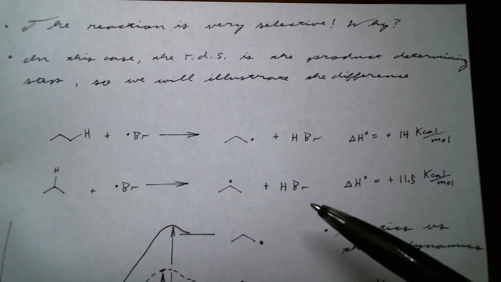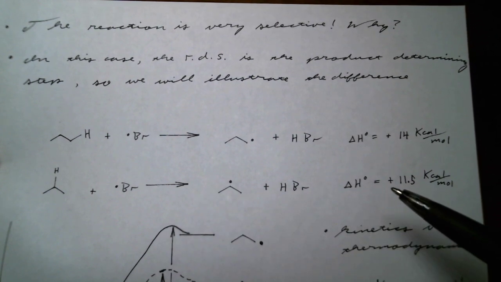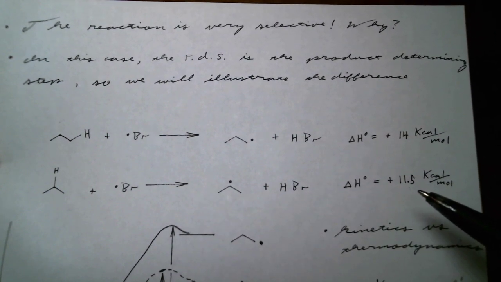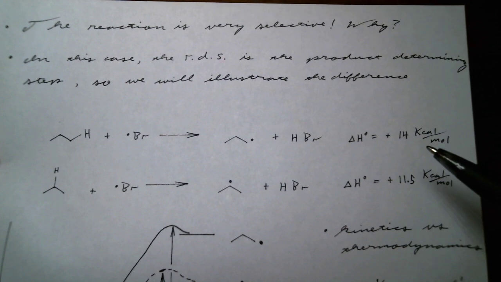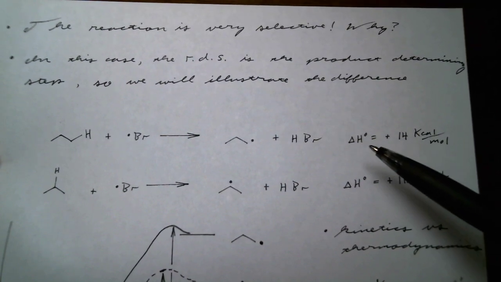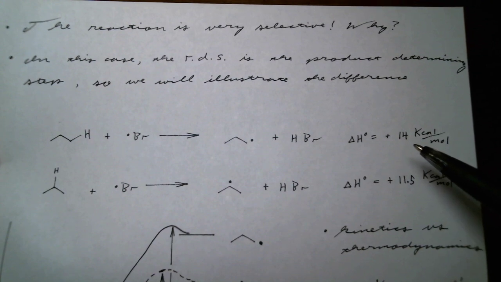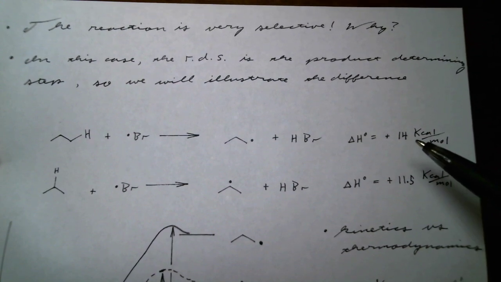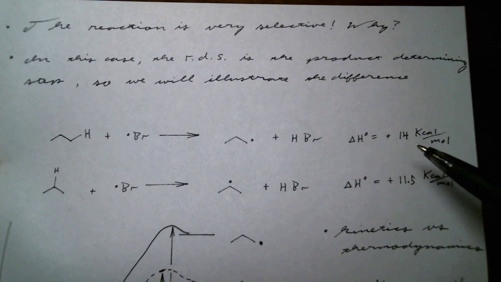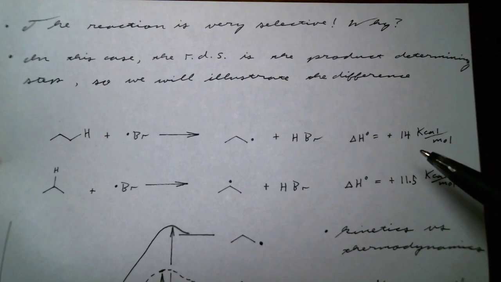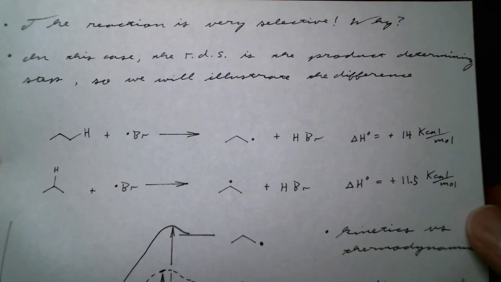What is the change in enthalpy for this elementary step? It's 11.5 kcals per mole. So there's a difference. This elementary step, this pathway, is higher in energy by a significant amount in terms of energies that differentiate pathways.